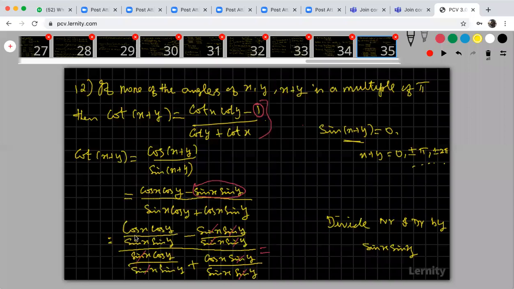This is cot x, cot y, minus 1, since everything cancels and I get 1, divided by cos y by sin y, which is cot y, plus, with sin y cancelled, cos by sin, which is cot x. This is the answer: cot x cot y minus 1 divided by cot y plus cot x. See the answer? This is the right hand side.